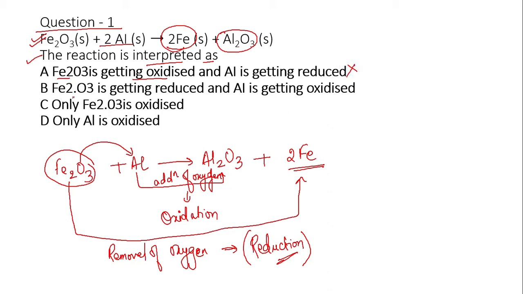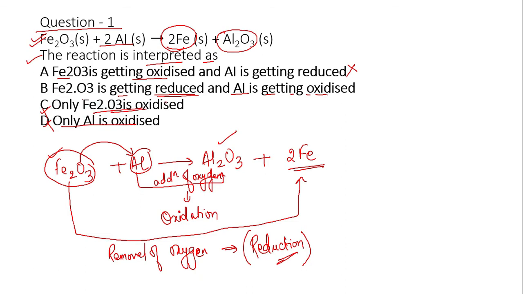Then what about Fe2O3 is getting reduced and aluminium is getting oxidized? Yes. Here you can say that aluminium is oxidized because there is addition of oxygen, whereas in Fe2O3 you will find that there is removal of oxygen, hence there is reduction taking place. Since C and D are also partly correct but only half, we will not choose them.